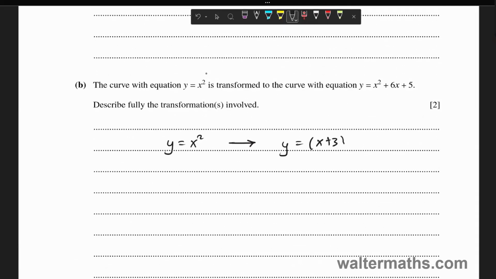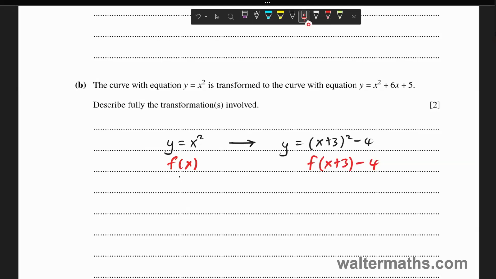Essentially, if this is f of x, then in function notation this should be f of x plus 3 and then minus 4.